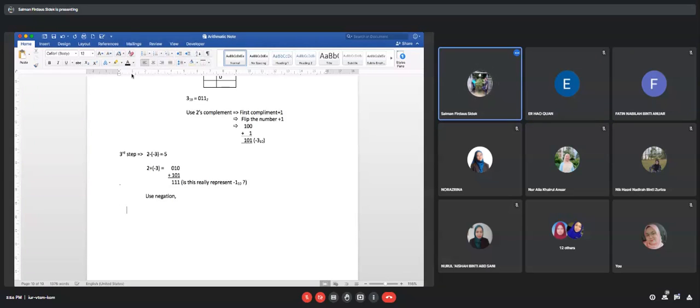So what is the step? 1, 1, 1 becomes 0, 0, 0. That's all. Plus 1. We will get what?